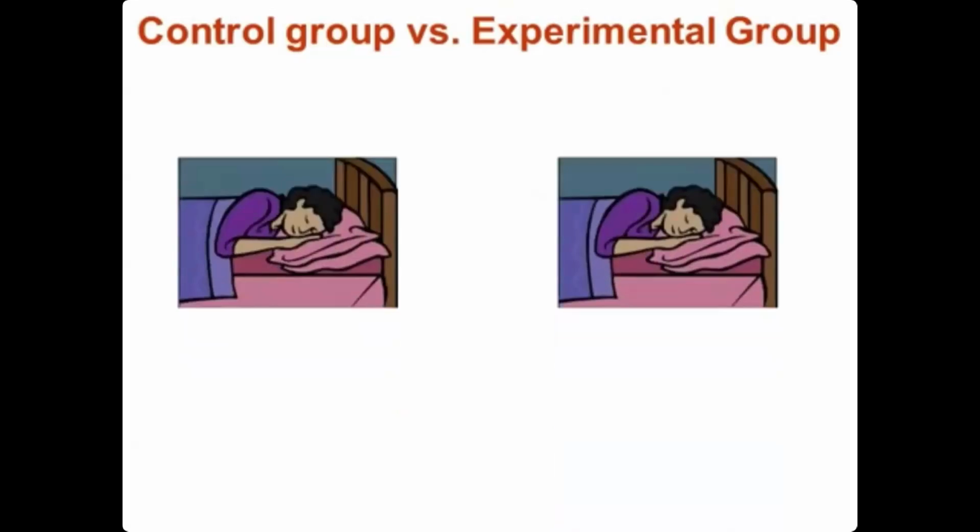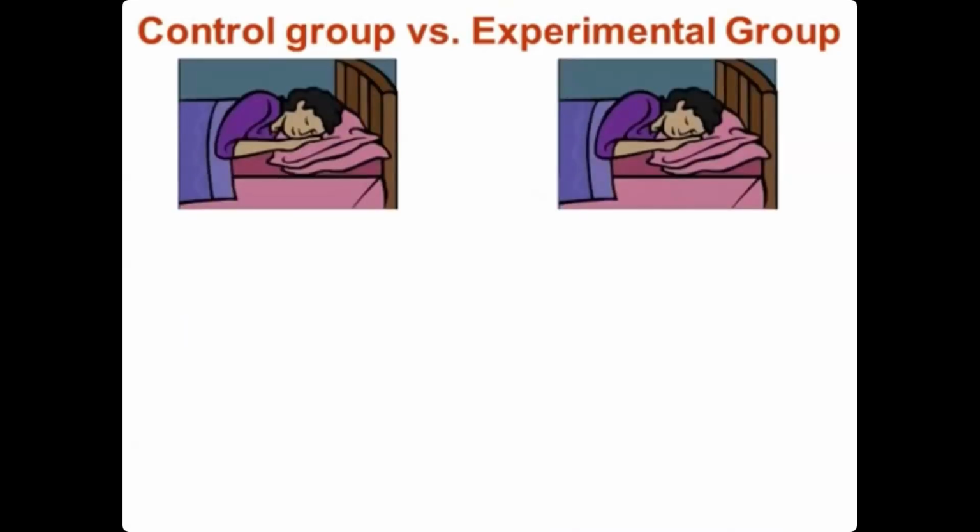Okay, so let's look at the control group versus the experimental group in a little more detail here. Here we have our experimental group, and we have the same person recording the amount of sleep that she gets over the course of 1 month. So she's going to set up two experiments here.